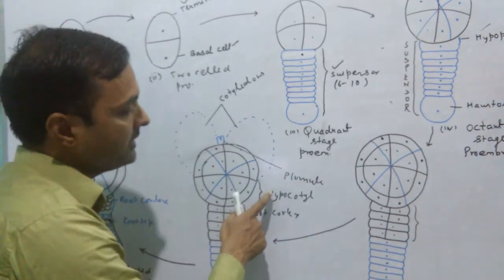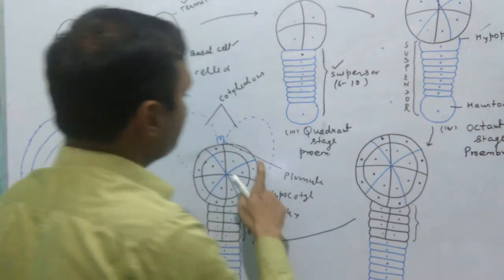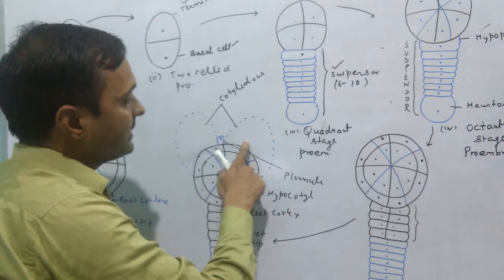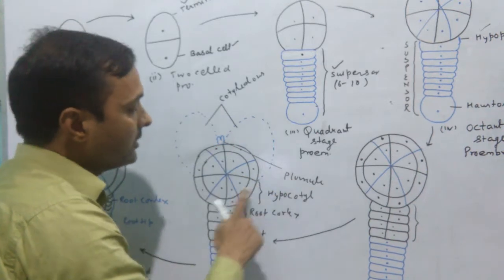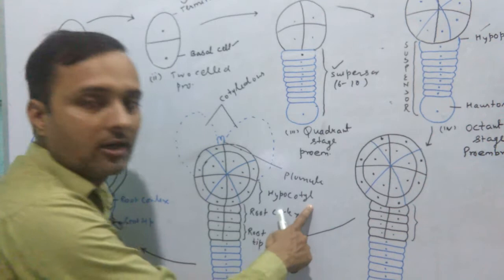Out of the 16 cells, the upper 8 cells will give rise to the cotyledons and plumule, and the lower 8 cells give rise to the hypocotyl of the embryo.